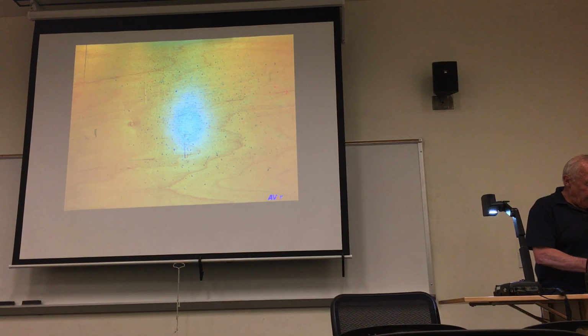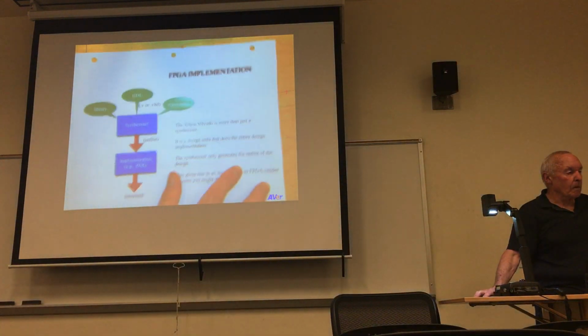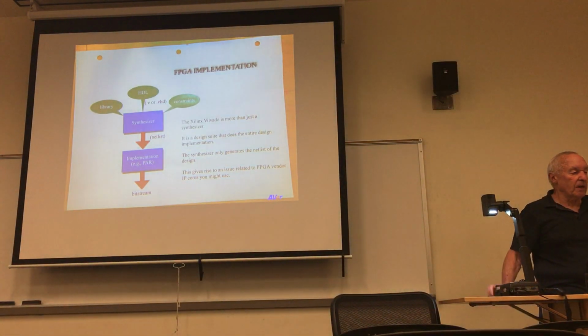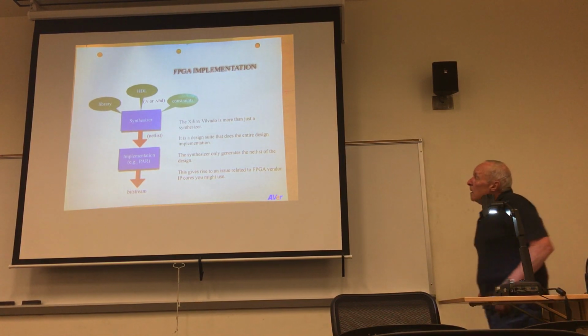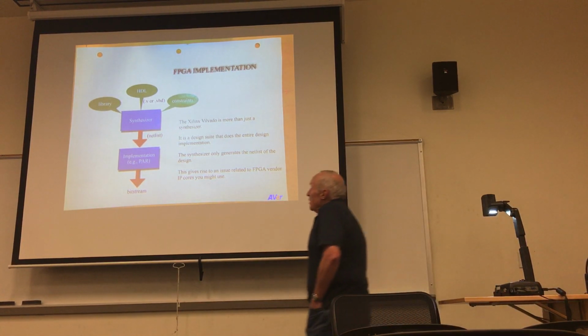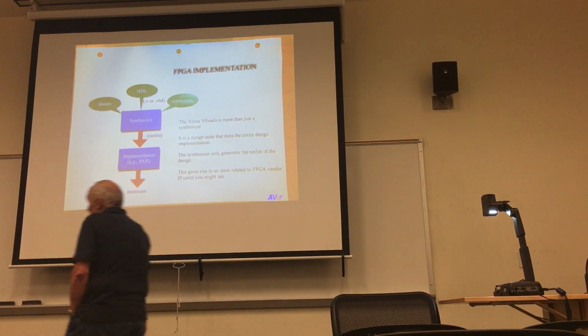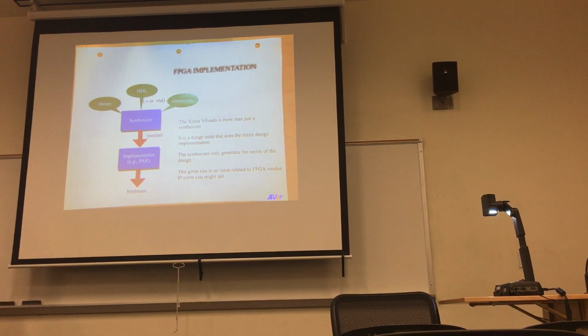So I want to look at FPGA implementation. And this is a simplified diagram. So I have my synthesizer, and it has the 3 inputs of the library, the hardware design language description, Verilog or VHDL, and design constraints.